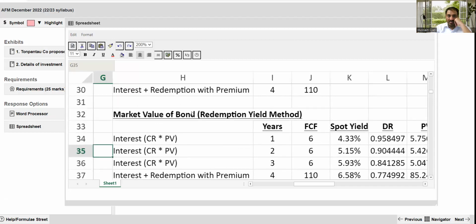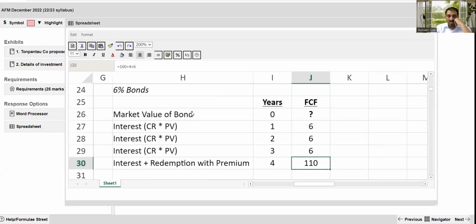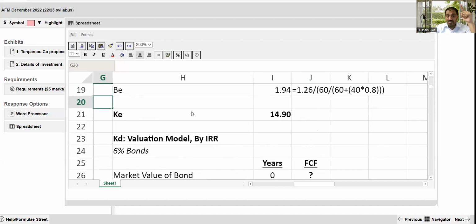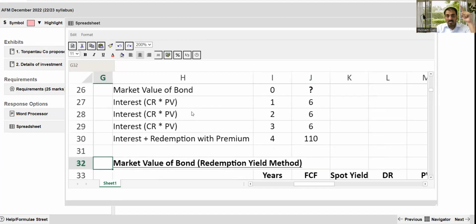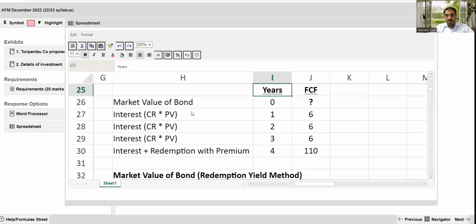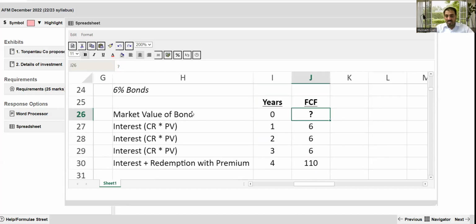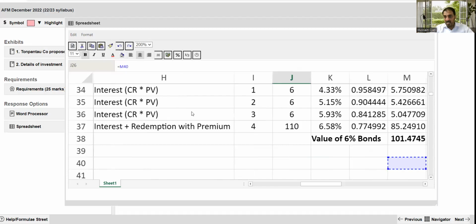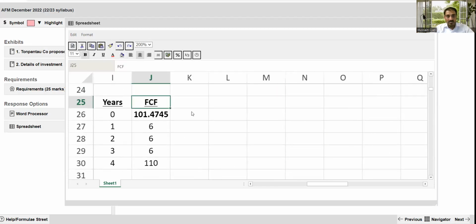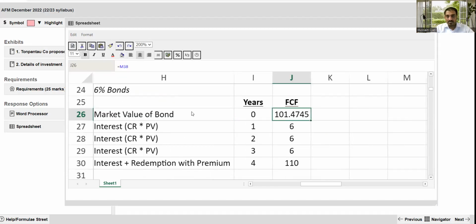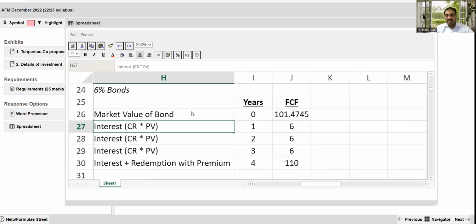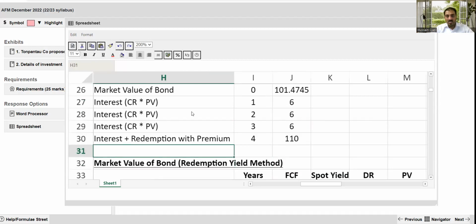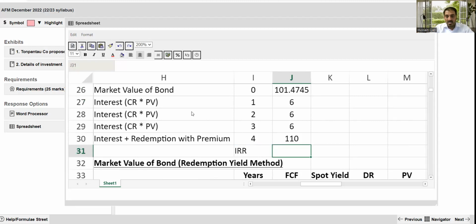Now, if the value of the bond is available, there is no issue at all. What we were working for was the IRR. So if an investor invests in the bond at this value, 101.474, and the returns are 6, 6, 6, 110, what will be the IRR? Use the shortcut IRR.